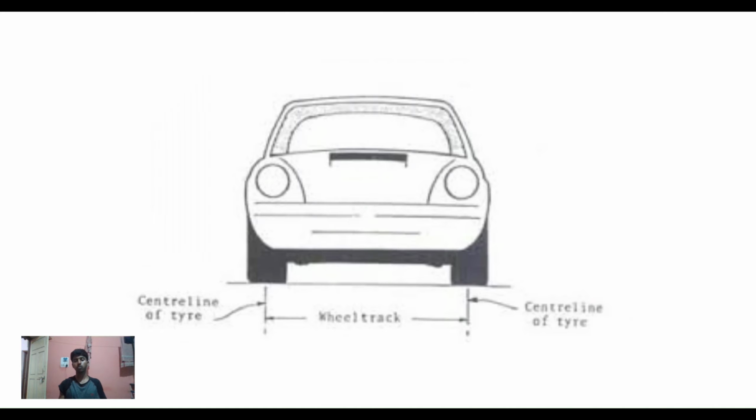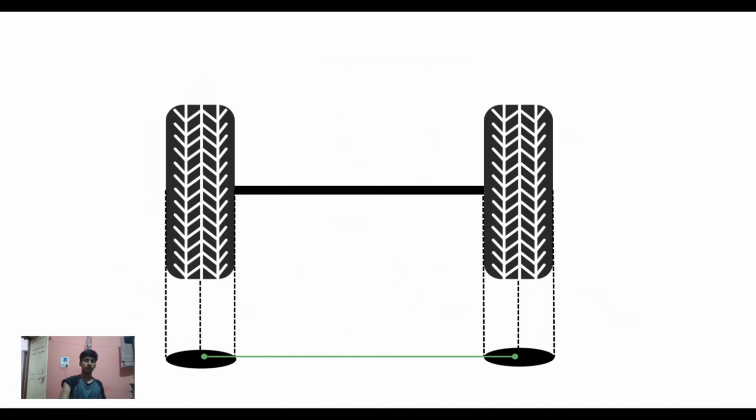Now let's move on to track width, which is also called the wheel track. Track width is defined as the distance from the center line of one tire to that of the other tire, and these two tires lie on the same axle. If you have to measure practically, then we take something called the contact patch of one tire, which is the area under the tire in contact with the ground.